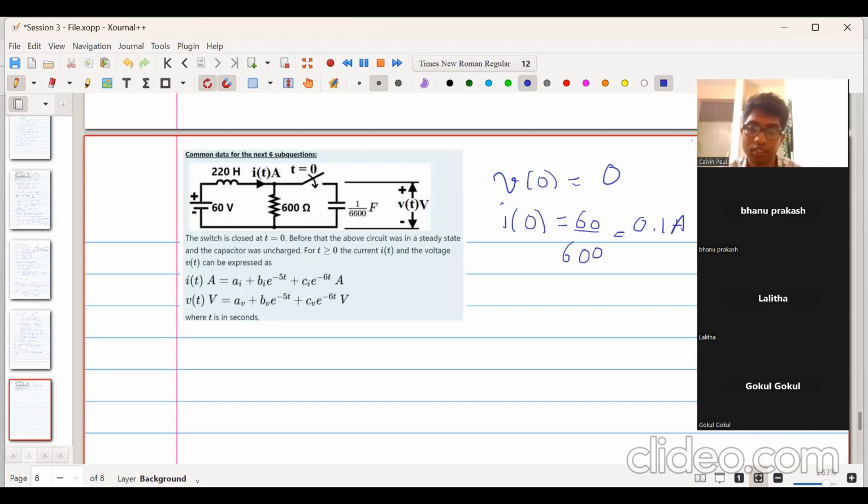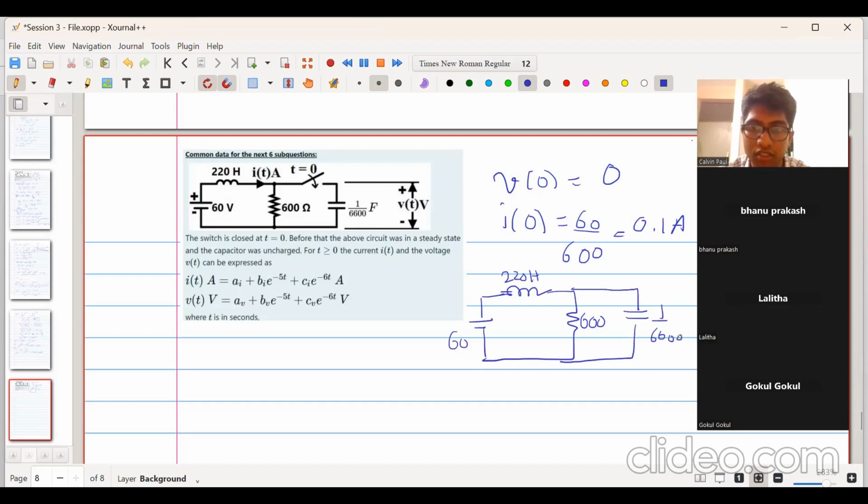Now we have to start solving this equation. After the switch is closed, we will apply KVL. Once the switch is closed, the circuit will become like this: 60, 220 Henry, 600 ohm, and 1 upon 6,600 farad.